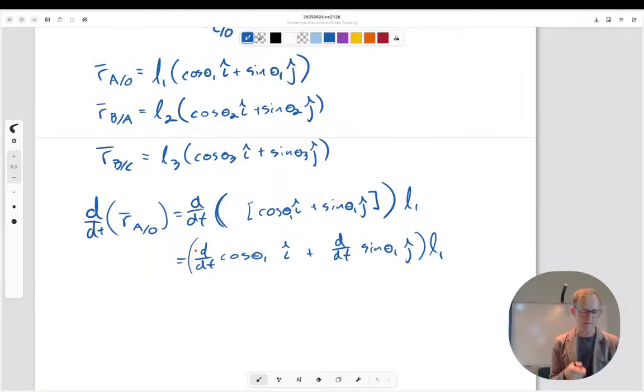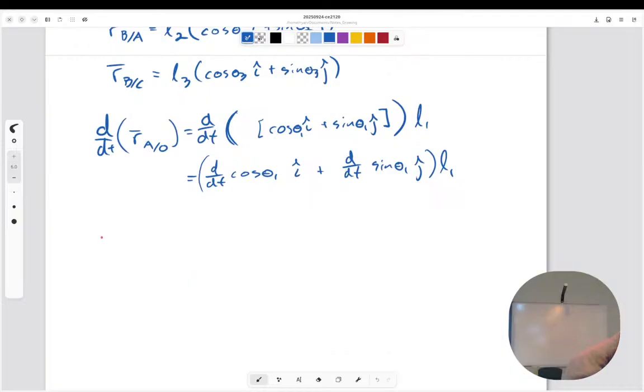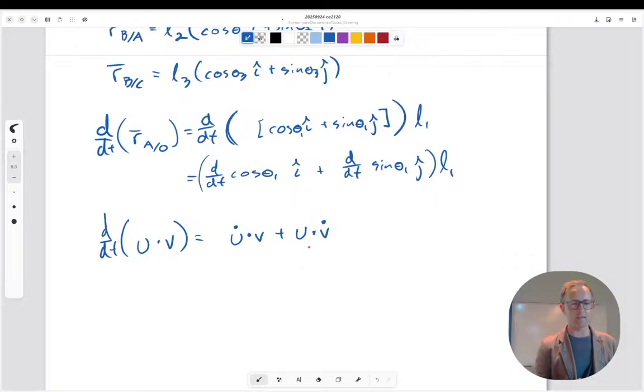Are you thinking of the chain rule like this? The derivative of u times v is derivative of u times v plus... That's one of the chain rules. This is one version.